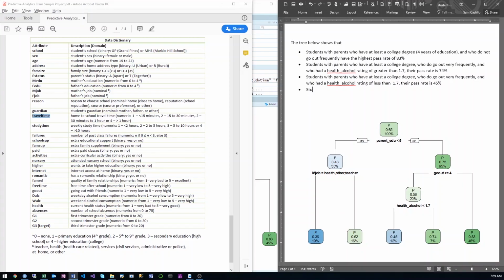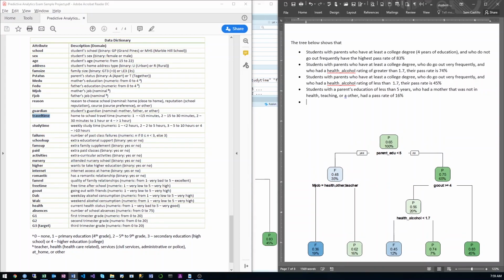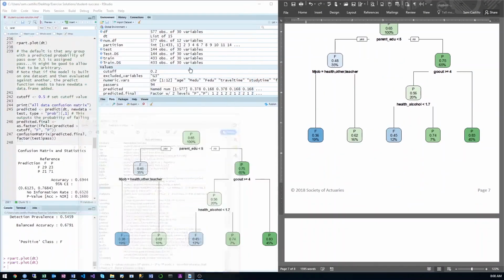So students with a parent's education of less than 5 years who had a mother that was not a health or other of 16%. And finally, done. Let's move on to the next task.